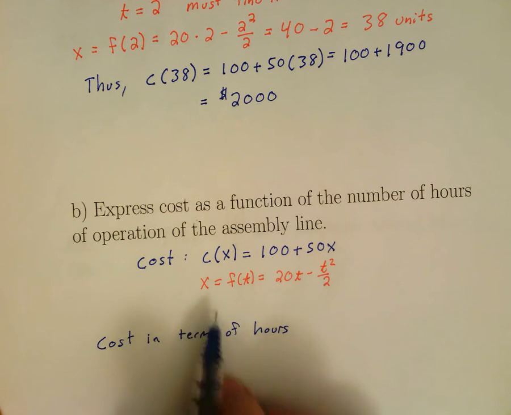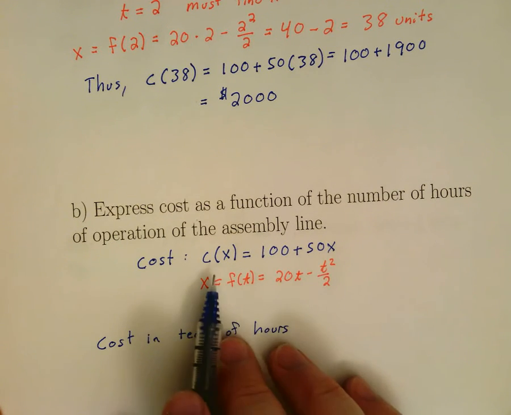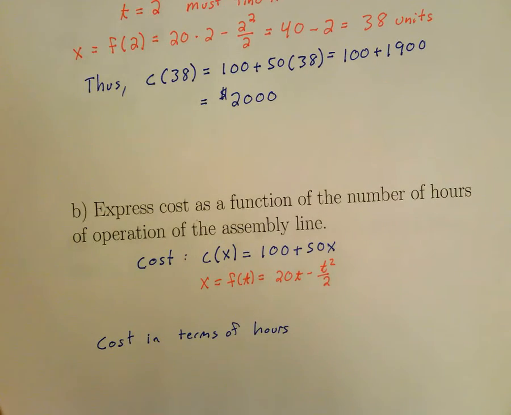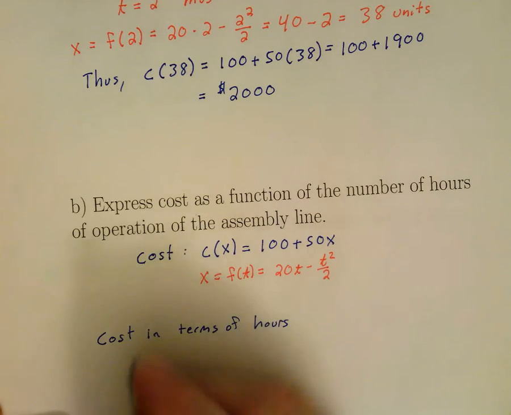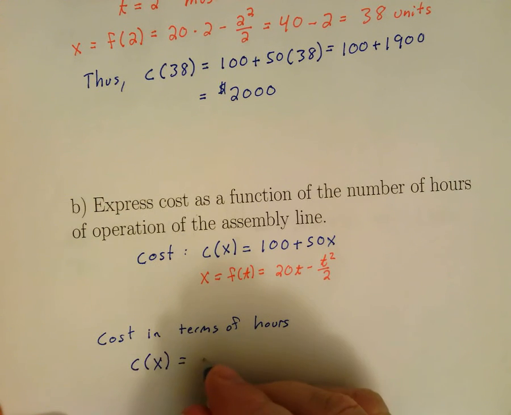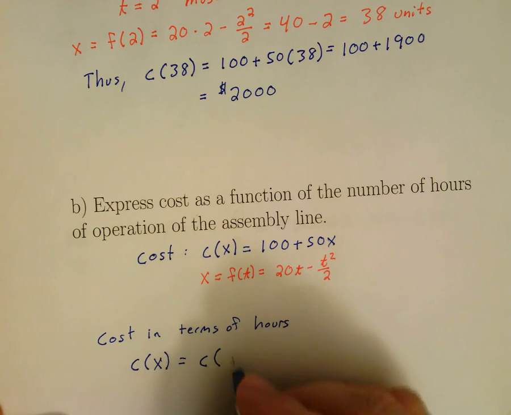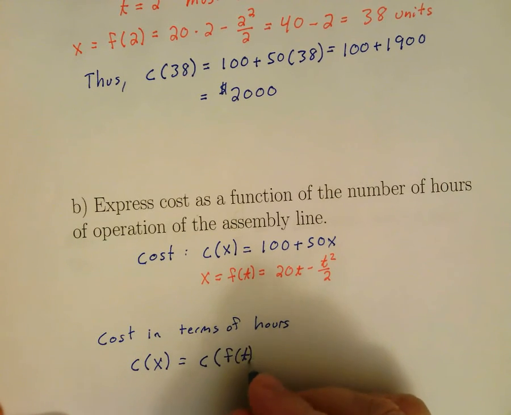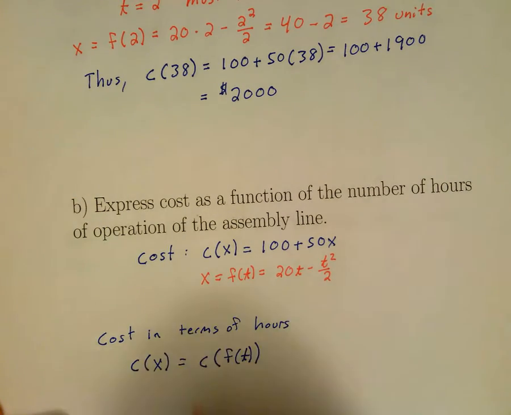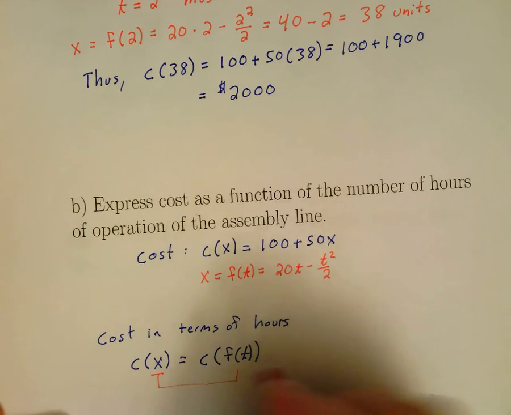All we're going to do is put this function x inside the cost. So C(x) is equal to C of, remember, x is equal to f(t). So it's actually a composition, because those two are the same.